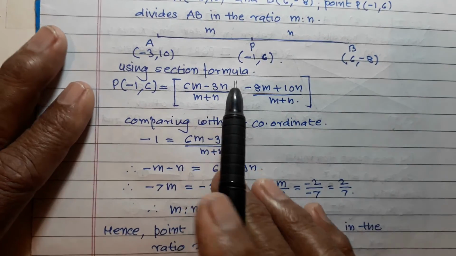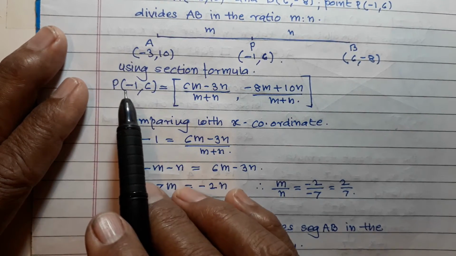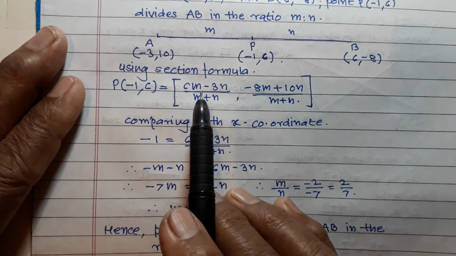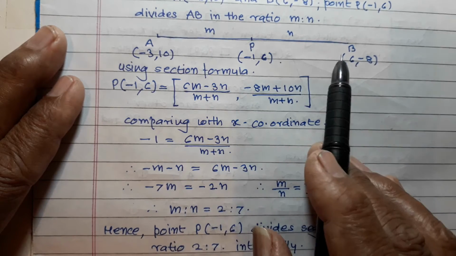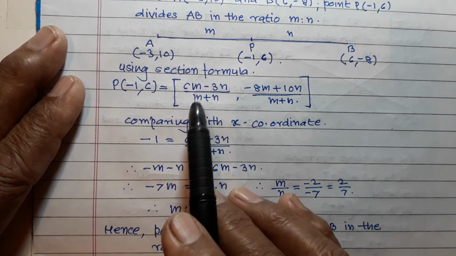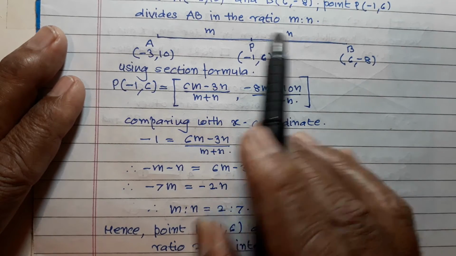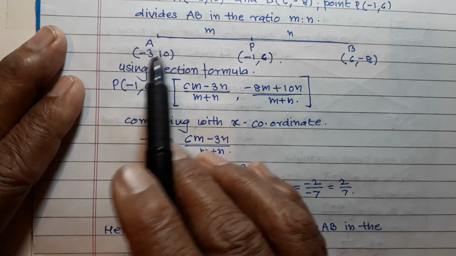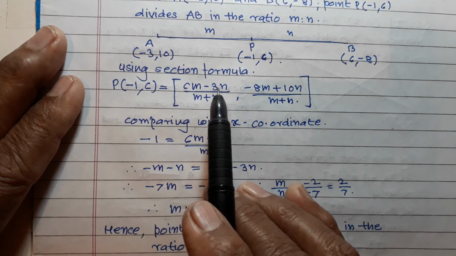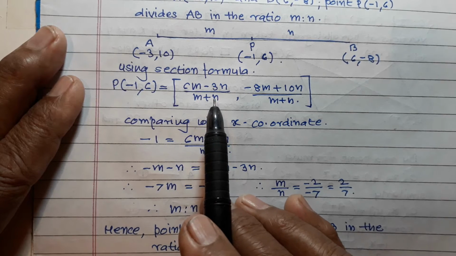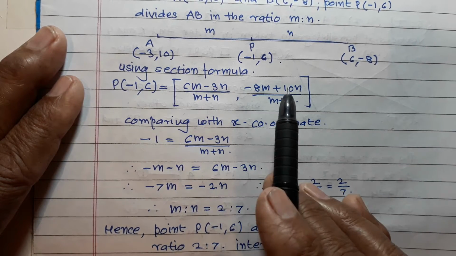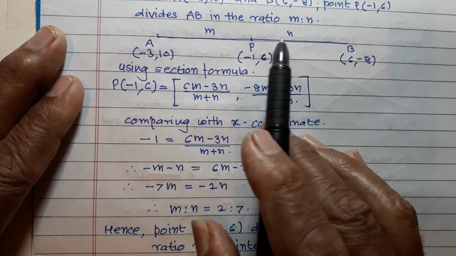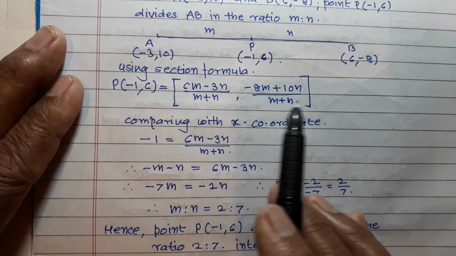Using the section formula, the coordinates of P (-1, 6) equal 6 into m minus 3 into n, actually plus but minus 3, therefore this sign is changed, minus 3n upon m plus n, and for the y coordinate it is minus 8m plus 10n upon m plus n.